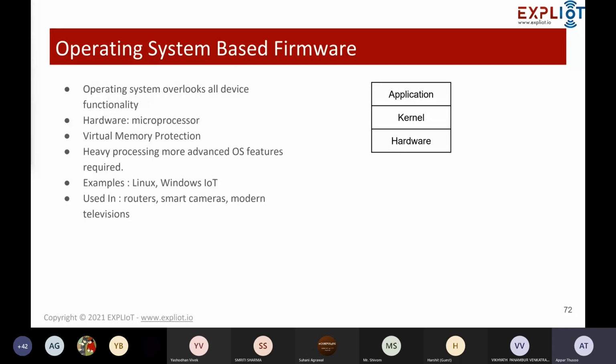You also have Windows CE as some of the examples of device-based operating systems. These are usually used in routers, smart cameras, smart televisions, and a lot of places. Of the devices that have high computation, you'll find 80% of them using a full-fledged OS.